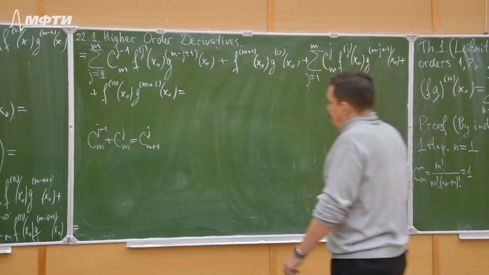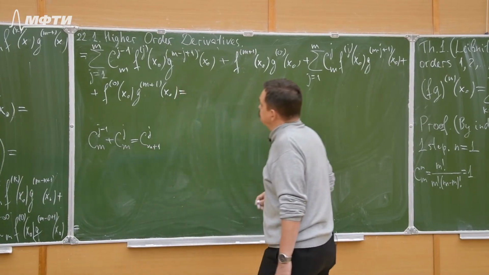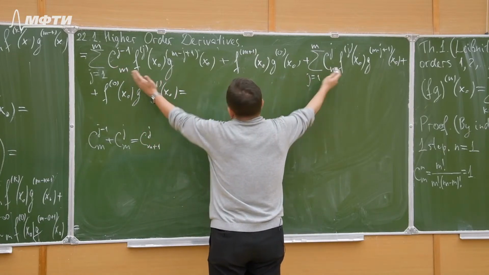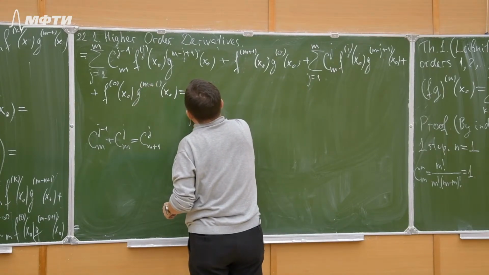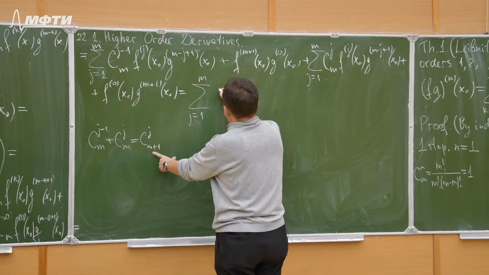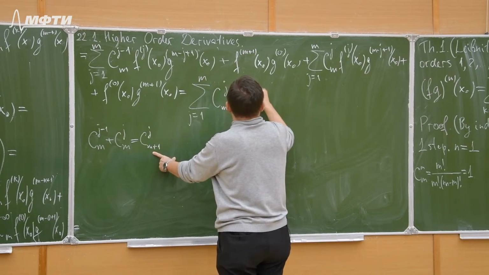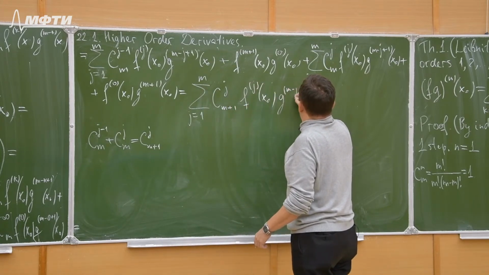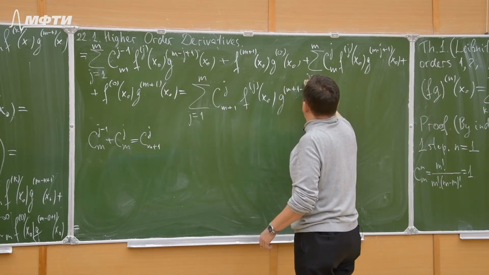So, using that formula, we can unify the first and the third into one formula, C(m+1,j) f^(j)(x0) g^(m-j+1)(x0). Okay, maybe I'll write m plus 1 minus j at x0.